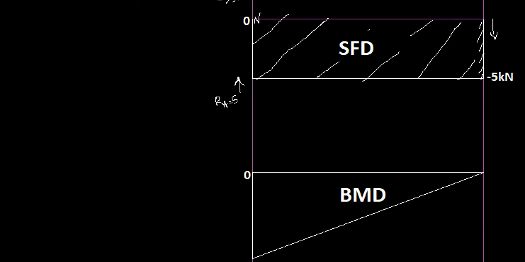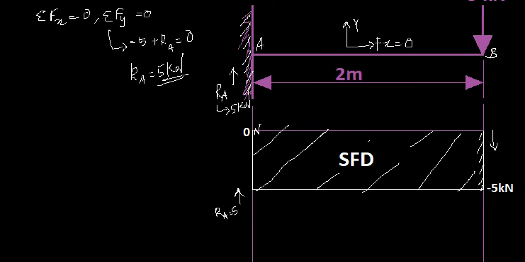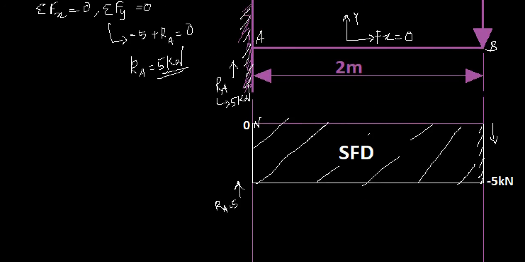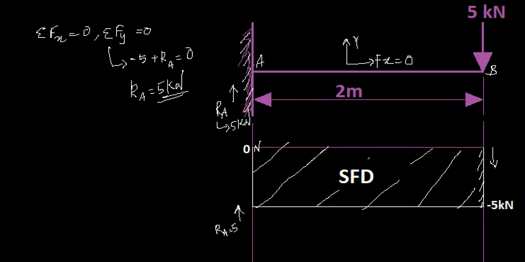Now, to draw the bending moment diagram, you need to create a bending moment equation for this beam. Let's consider a section of the beam. Again, going back to the basics, take a section between the load and the reaction. Let's call this section X, and we're going to create a bending equation for that section.